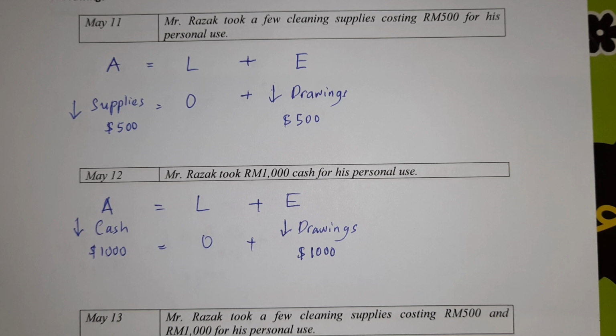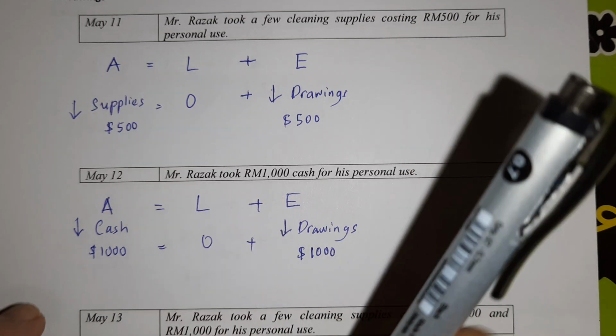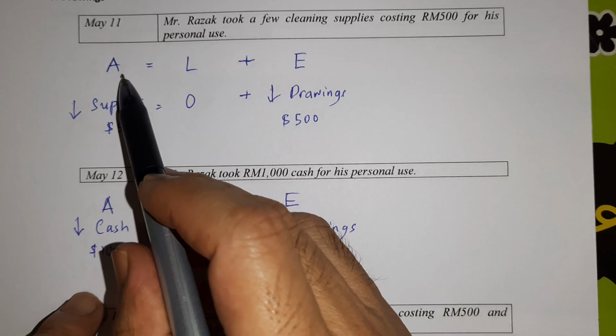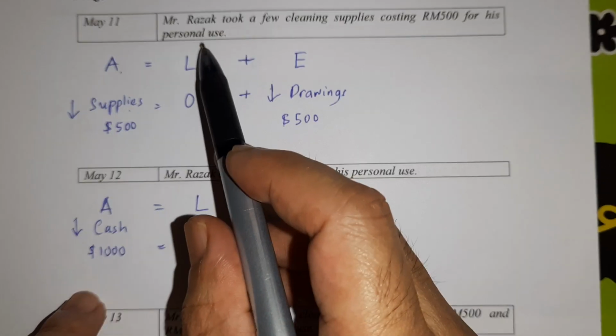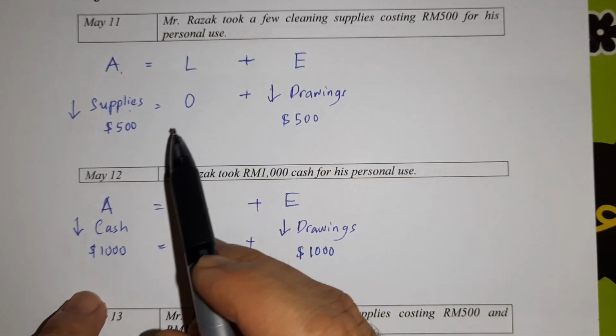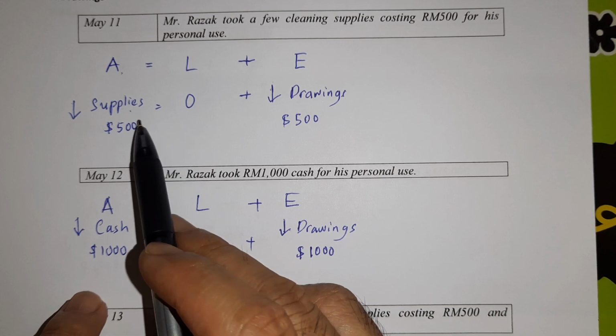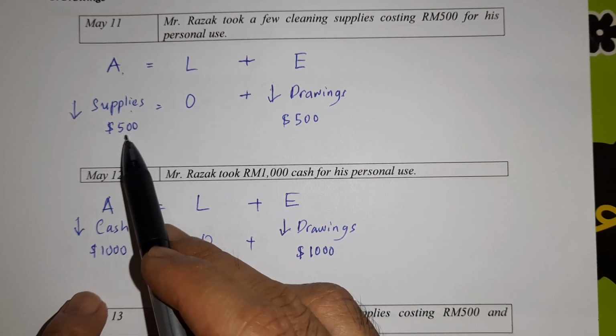So this is a drawing. What is the effect of that on the accounting equation? When the business owner takes something, asset supplies decrease because the owner takes supplies. The amount is 500.